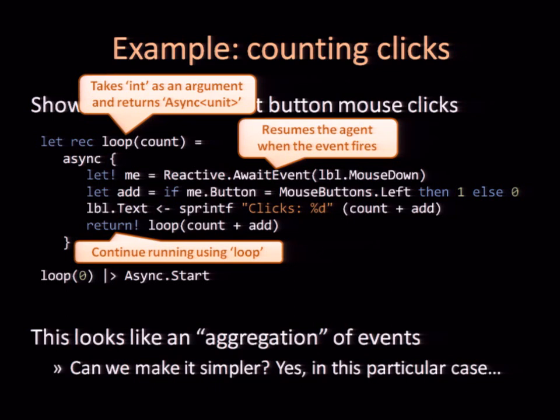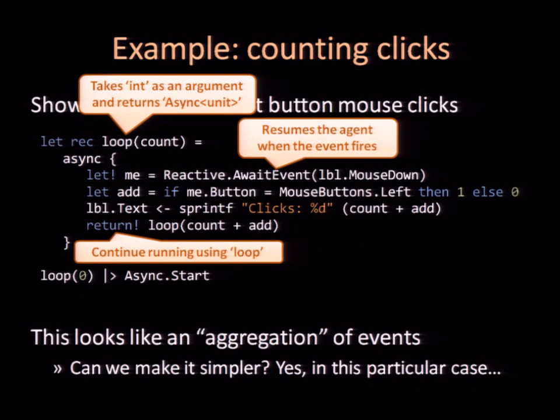And in this case, this code looks like it's just aggregating some events. That's true. We could have some simpler primitive for writing aggregation. In fact, the F# library does have that. But that works only if we have some relatively simple problems that we want to express.